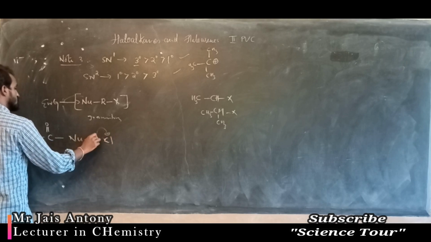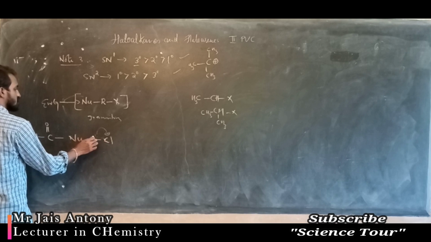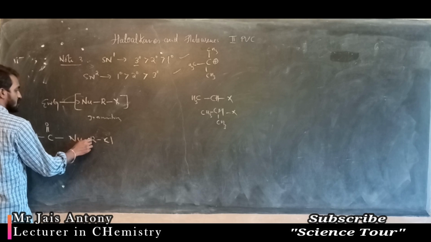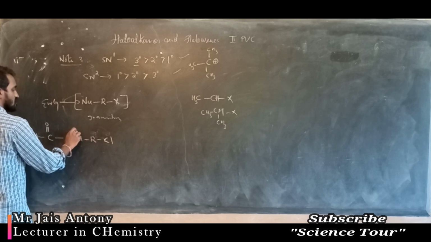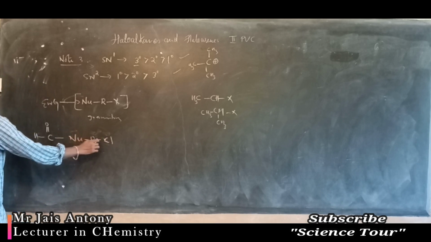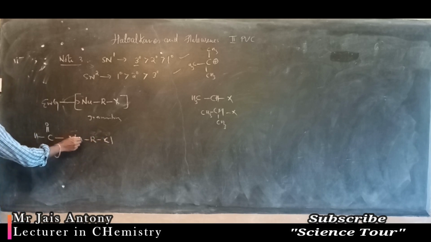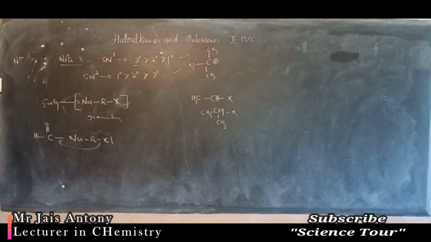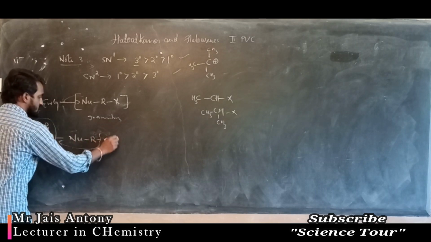This bond breaks, and the electron is there, the nucleophile comes, and this bond breaks. At that time, what happens? The bond gets attracted towards which side? The electron withdrawing group.